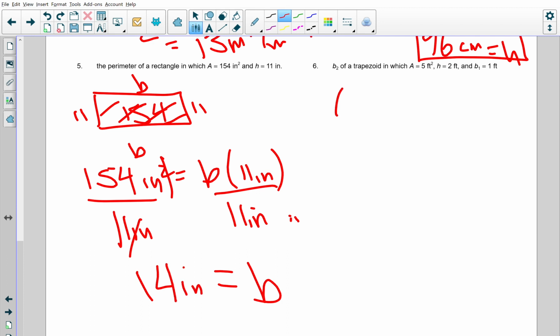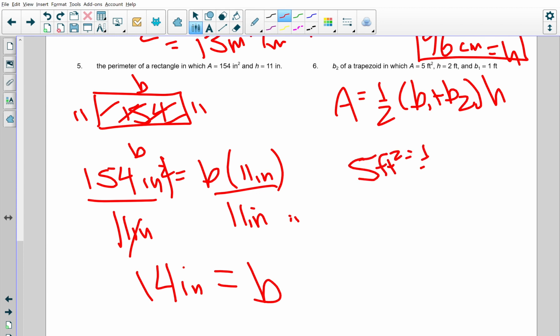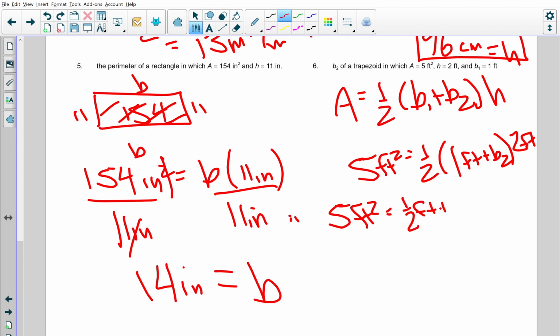Now we want to look for base 2, and they give you the information of this trapezoid. So the area has to be 5 feet squared. 1/2 times base 1, which is 1 foot, plus base 2, times 2 feet. Look what happens.